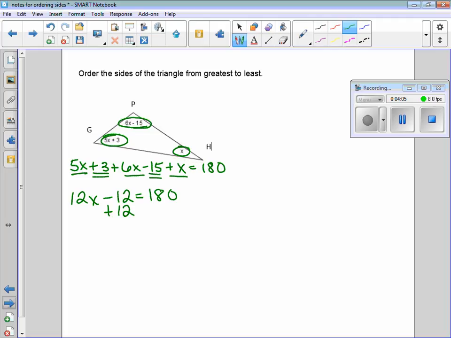Add 12. That gives me 12x equals 192. Divide by 12. X equals 16.